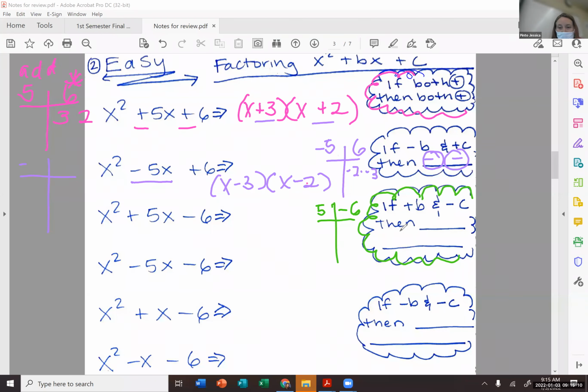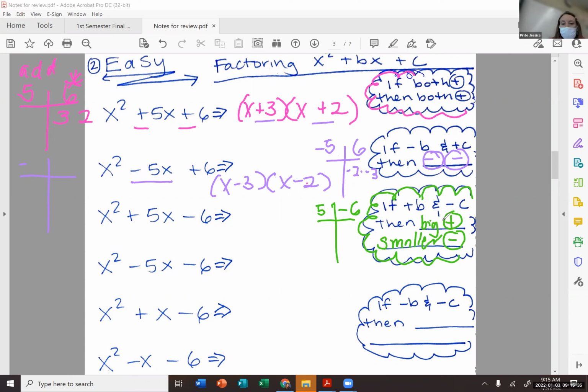So the bigger is going to be positive, smaller is negative. So if they add to a positive, that means that the bigger value was positive and the smaller value was negative, so that when you subtract them, it retains the sign of the larger number.